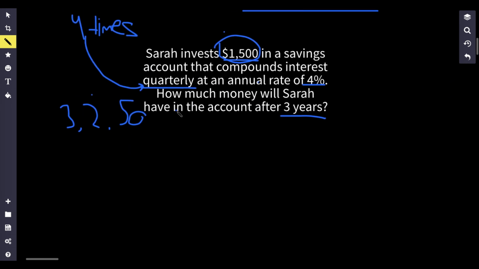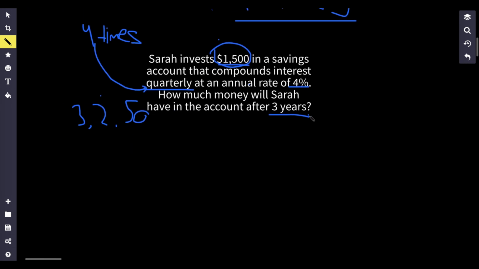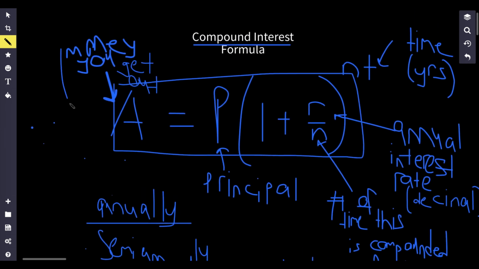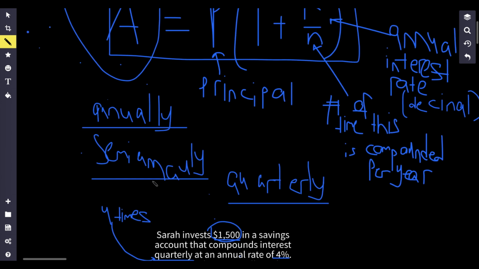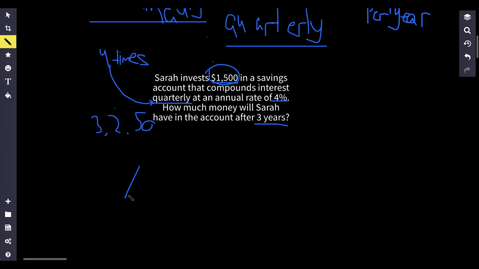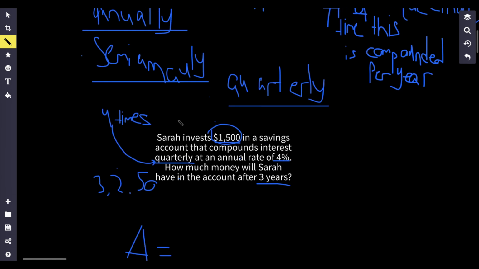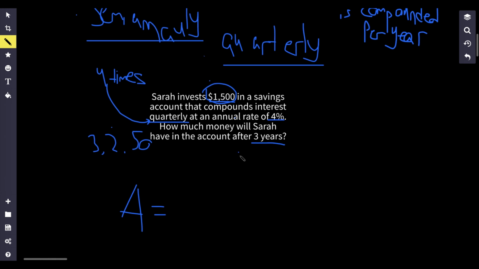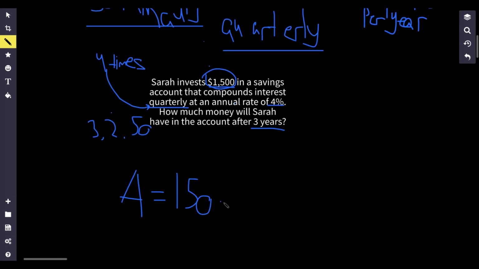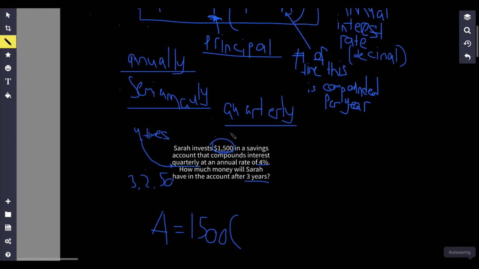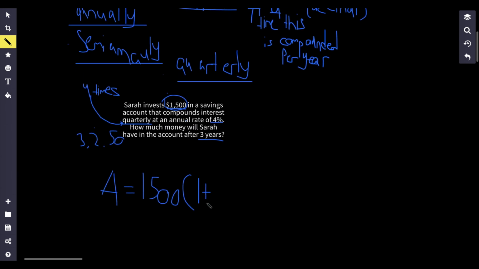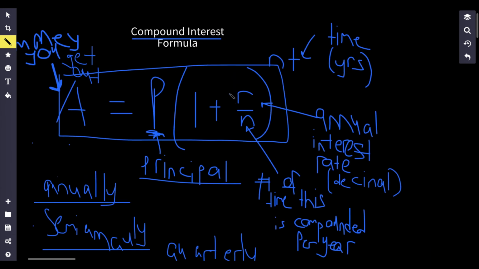So we're trying to find out how much money Sarah will have in the account after 3 years. So all we're trying to do is find the amount of money that Sarah gets out of this investment, right? We don't know how much Sarah gets out, but we do know the initial amount of money that she invests, or the principal value: $1,500. This is going to be multiplied by 1 plus R, which represents our annual interest rate.